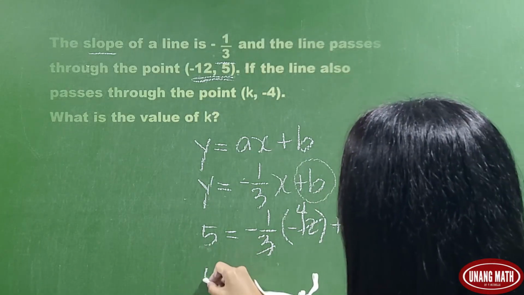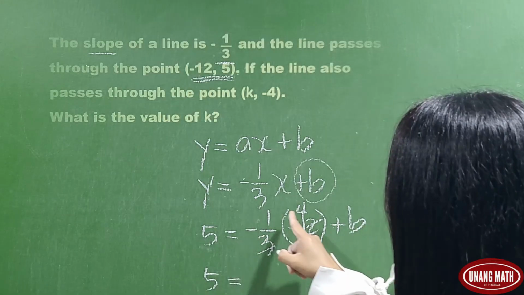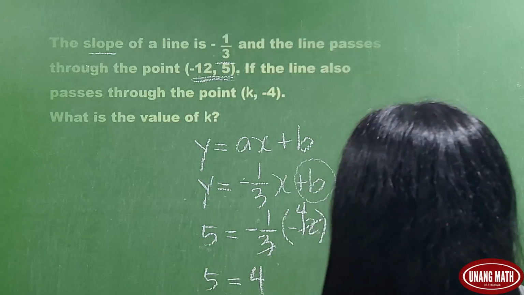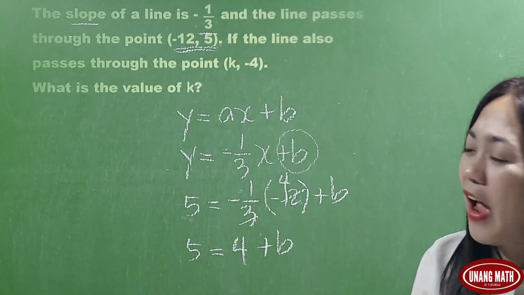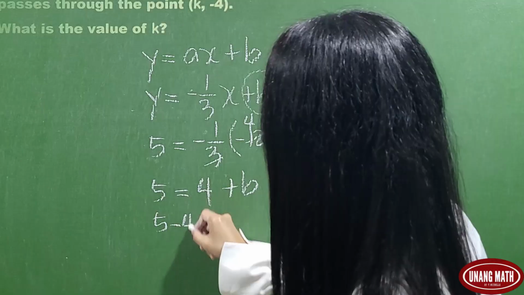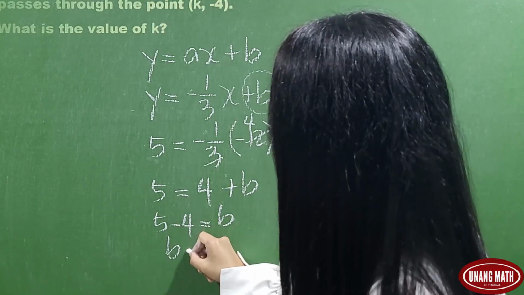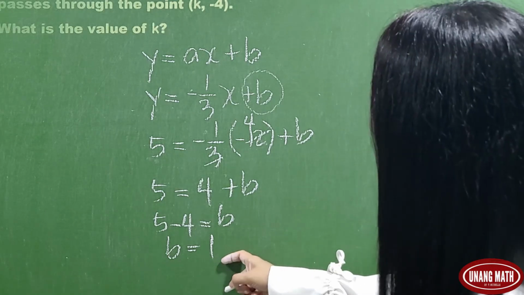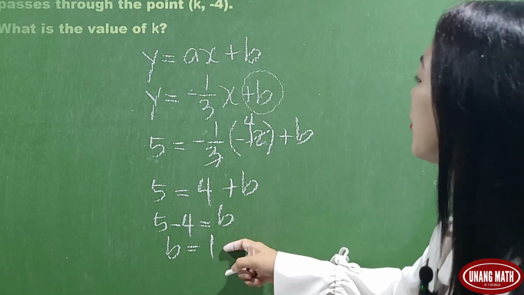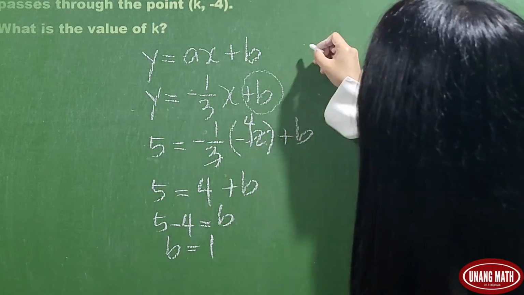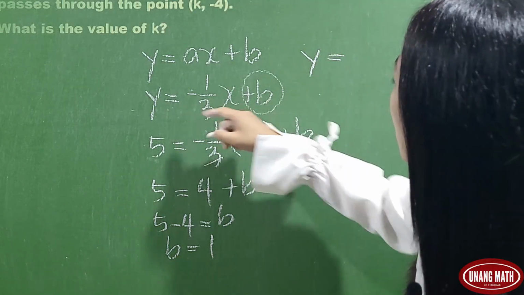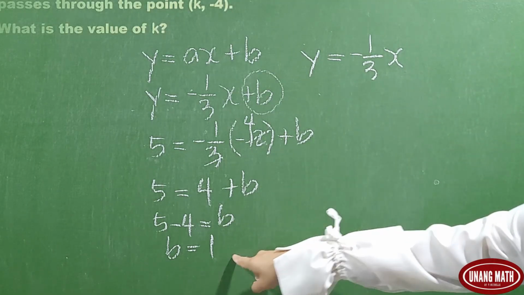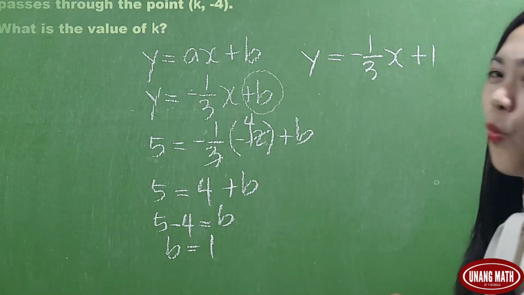So we have here 5 is equal to negative times negative, it will be positive, so we have 4 plus b. So it means 5 minus 4 is equal to b. So, b is 1, or the y-intercept is 1. So, if we write the linear function, then y is equal to negative 1 over 3x. Since the y-intercept is 1, this is plus 1.